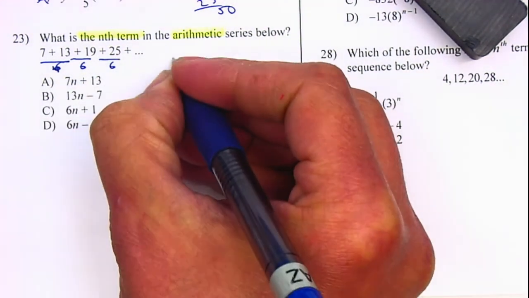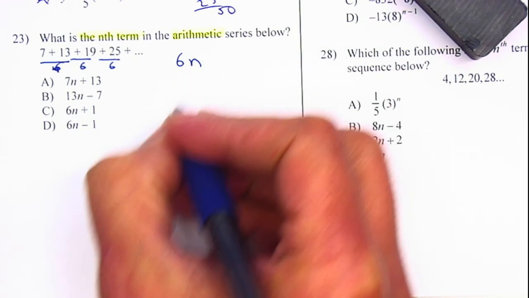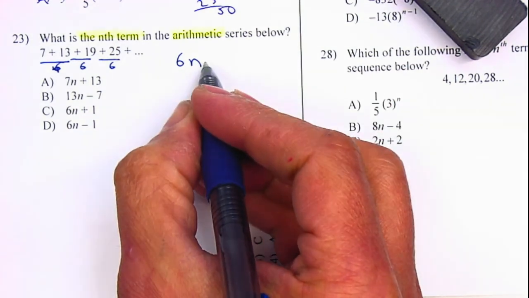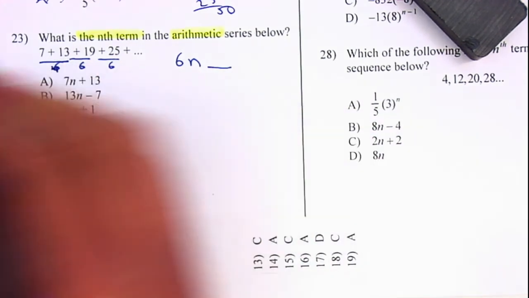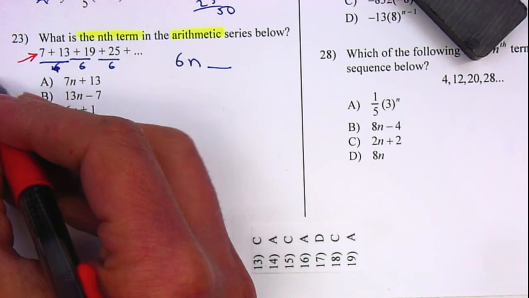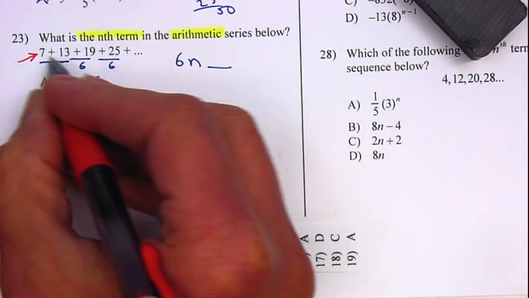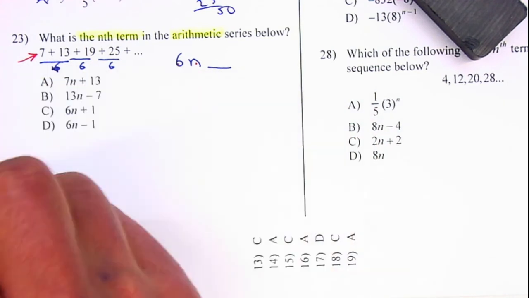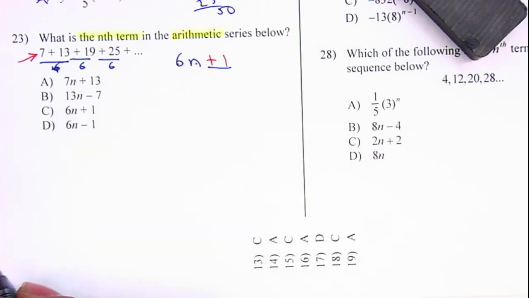So I know that my equation has to be 6x. Now, what do I need to add here? If I plug in a 1, this is a sub 1, it should give me 7. 6 times 1 is 6, plus what is going to be equal to 7? Plus 1.